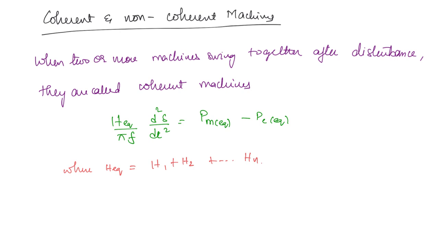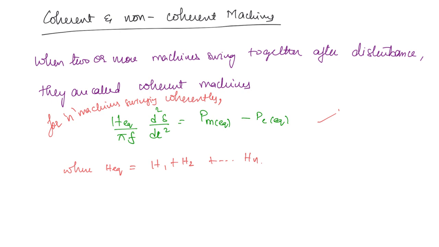So here we are considering n machines that are coherent, for n number of machines swinging coherently, and this is the equation.